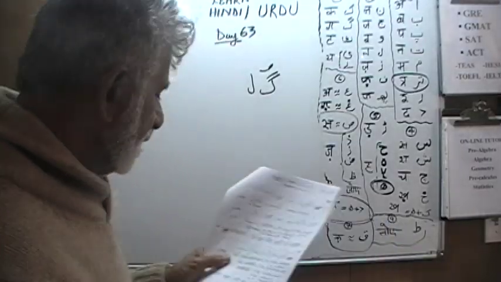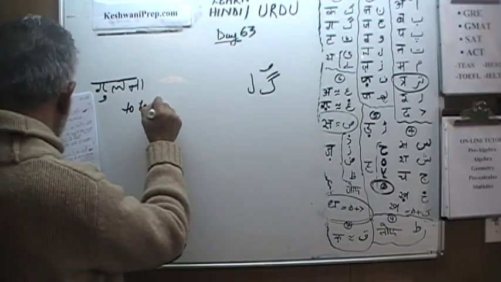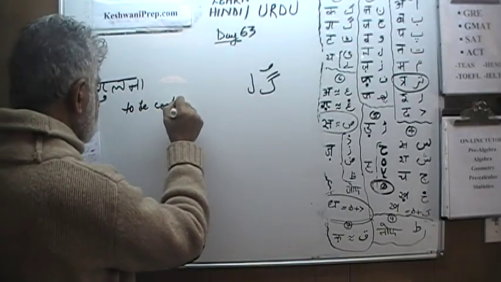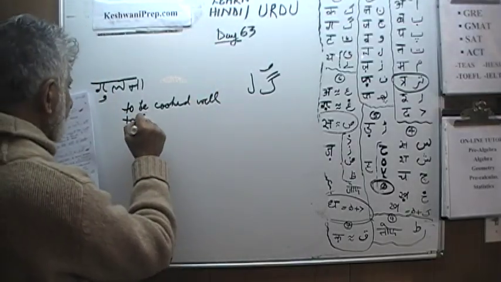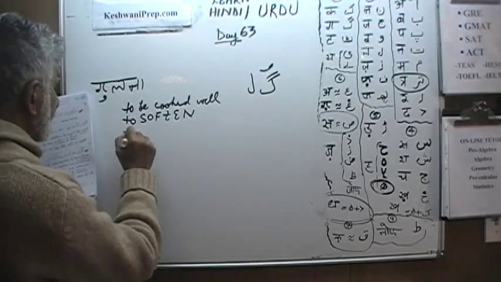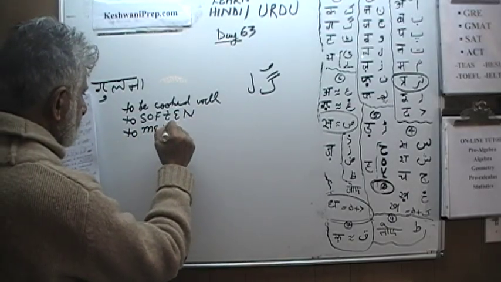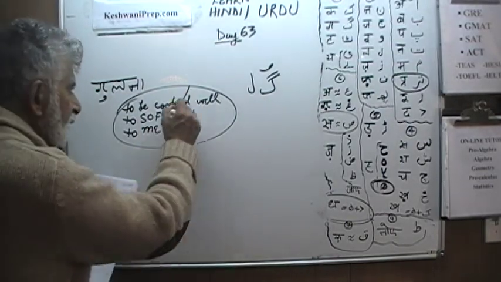Again, gulna has two meanings. The first meaning of the word gulna is to be cooked well. It also means to soften. It also means to melt. Those are not the meanings we're going to be using here.